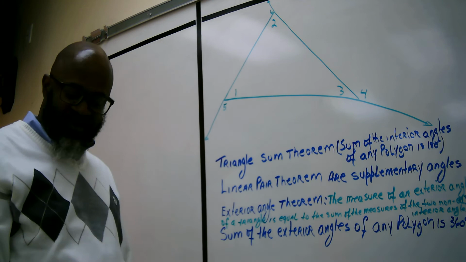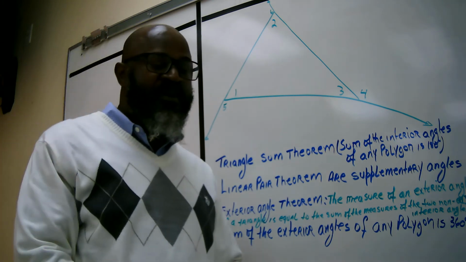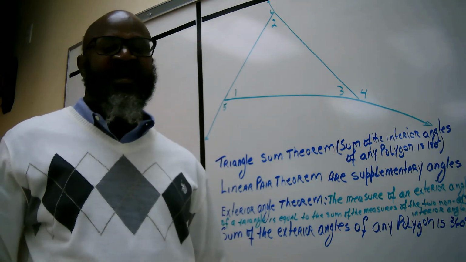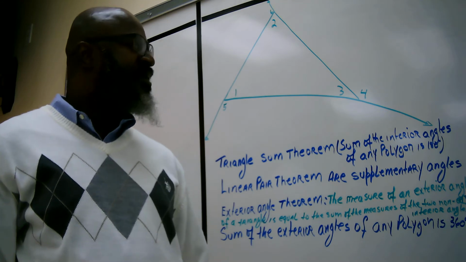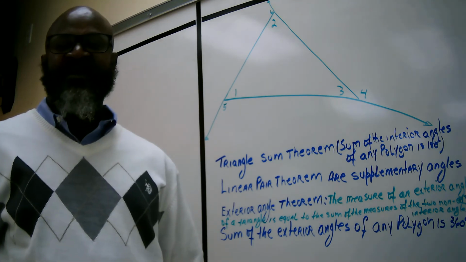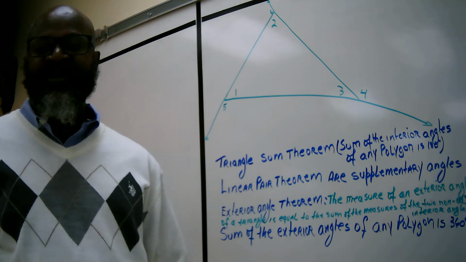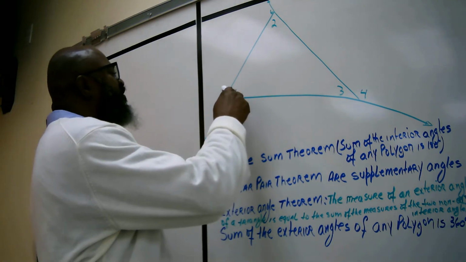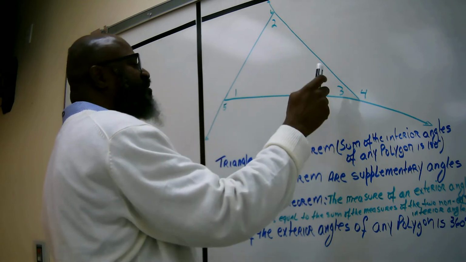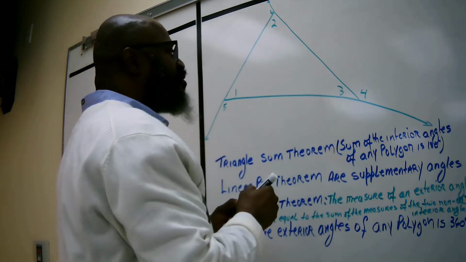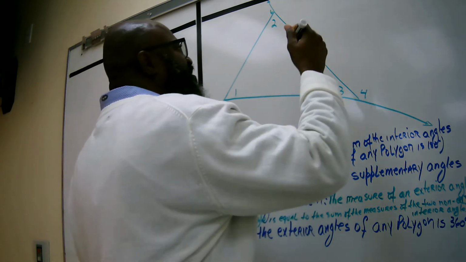Our objective for today's lesson is to apply the triangle sum theorem. The triangle sum theorem states that the sum of the measures of the interior angles in a triangle is 180. So if I take the measure of angle 1 plus the measure of angle 2 plus the measure of angle 3, it will always equal 180.